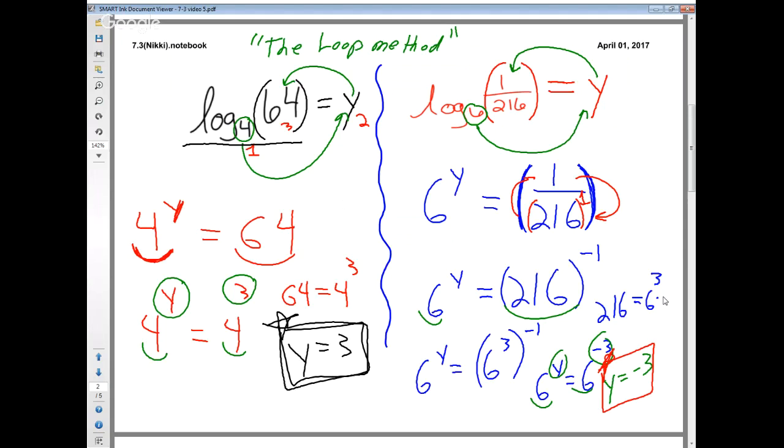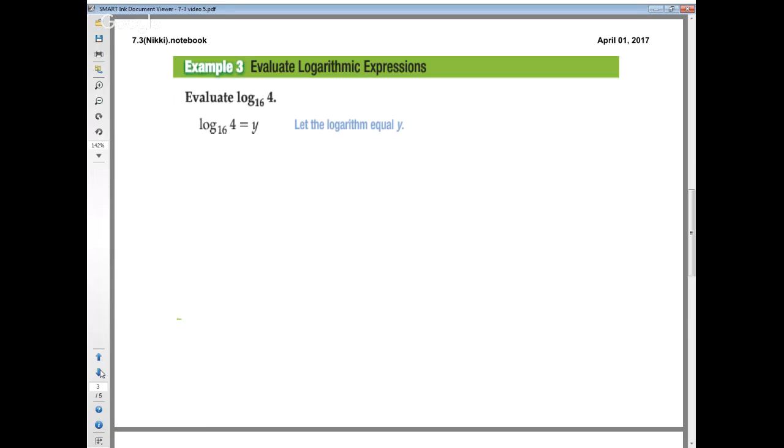So basically, we're just using methods and procedures that we've learned from the past, and we're now applying them to logs. So it's basically not too much new information. Just taking old procedures and information and applying them to new types of equations. Let's go ahead and do one more, just so we get the hang of it.